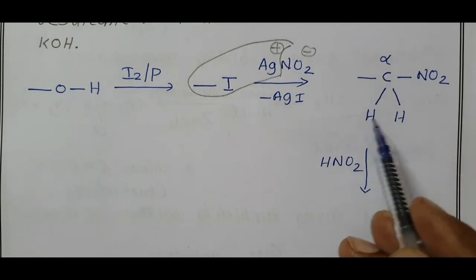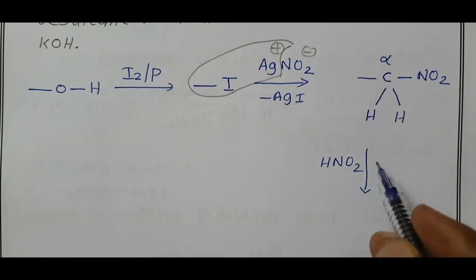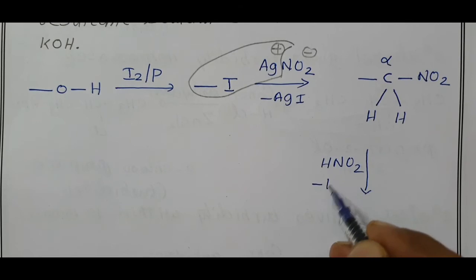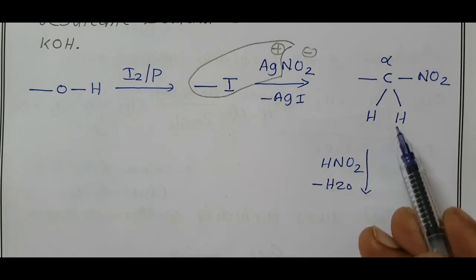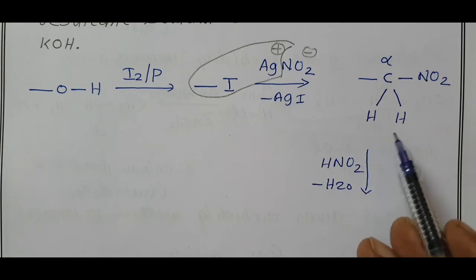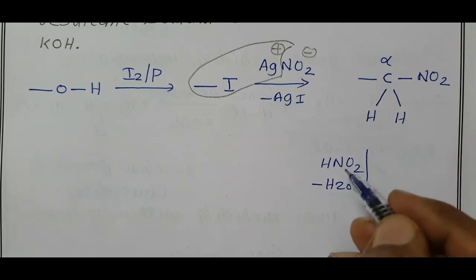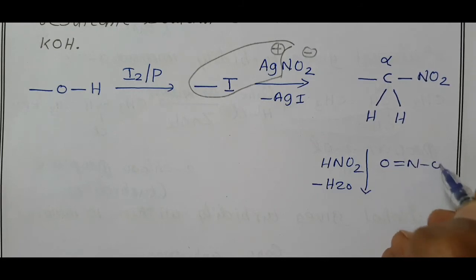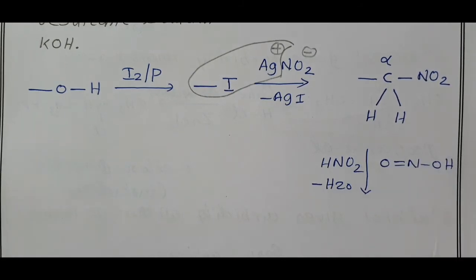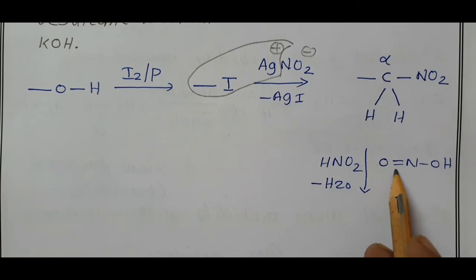Here there are two alpha hydrogen atoms. This is a reaction in which a water molecule is removed. If you want to remove a water molecule, already we have two hydrogens, we require one oxygen. Therefore, from nitrous acid, this oxygen is removed.